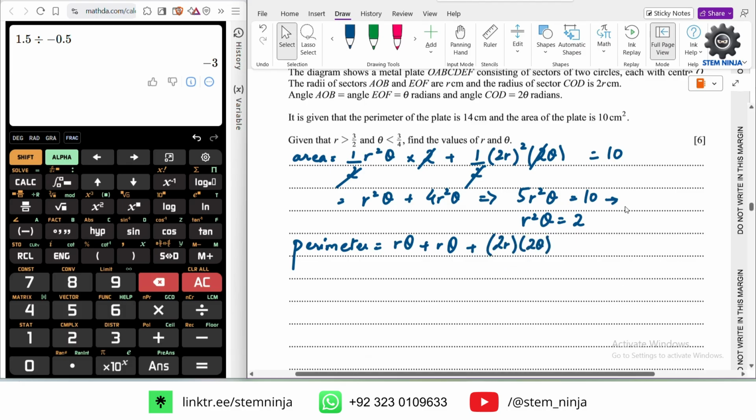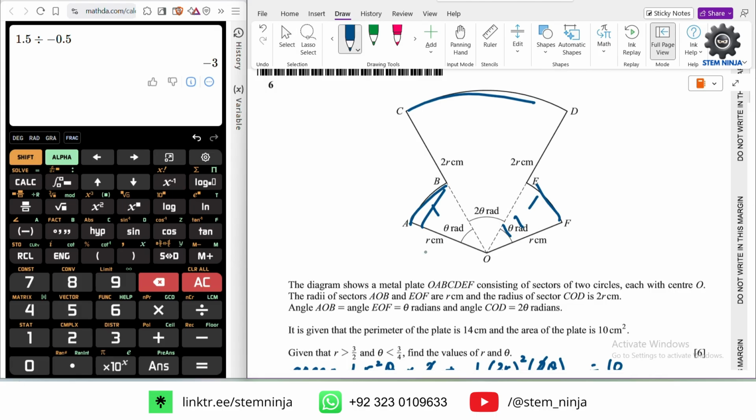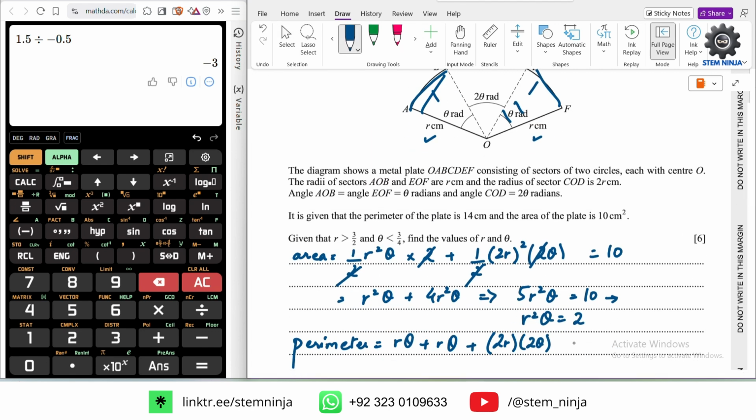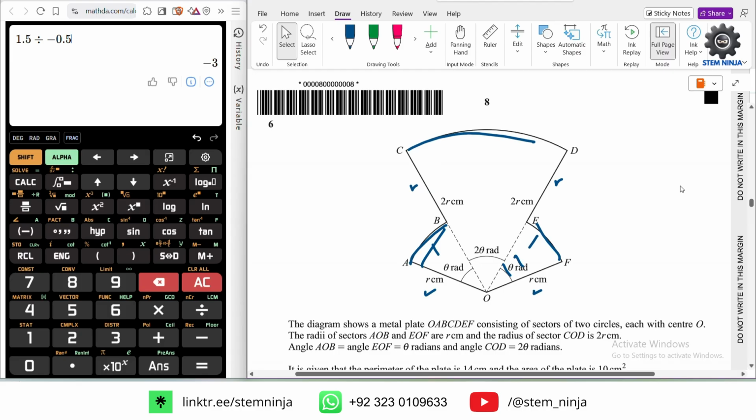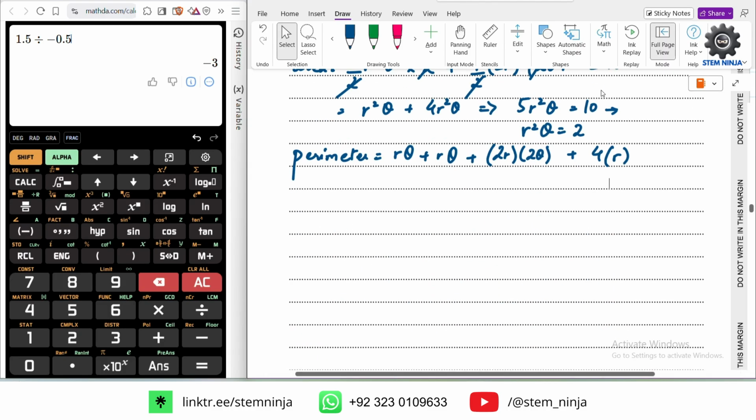Okay, now the lengths of the sides, this would be r and r also. Okay, so 4 times r. Right. Okay, and that is equal to 14.